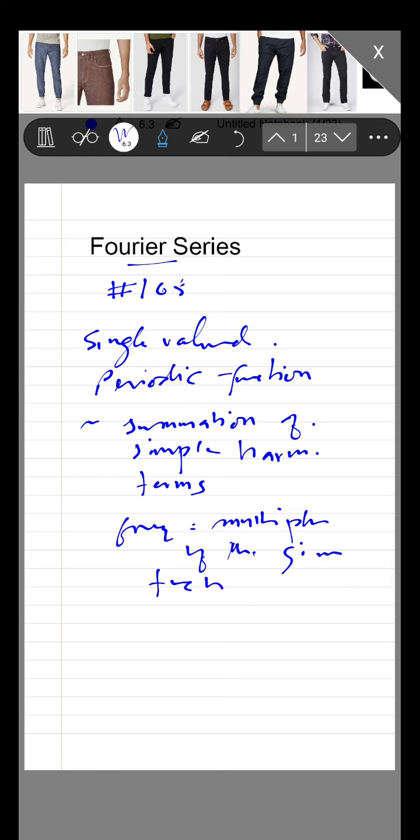So this is the Fourier series in words, the definition in words. But mathematically, let us try to understand what it is.